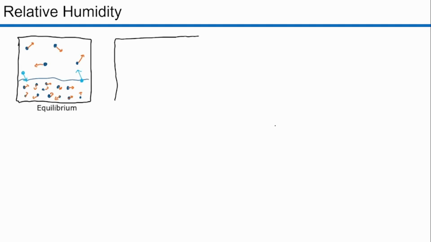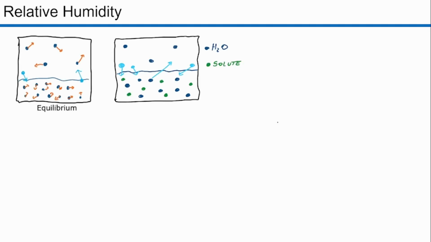Okay, so how does relative humidity affect our crystals? Well, from the equilibrium, we have seen that the water molecules attract the salt compound atoms, or the ions. I'll just call them atoms from now on.